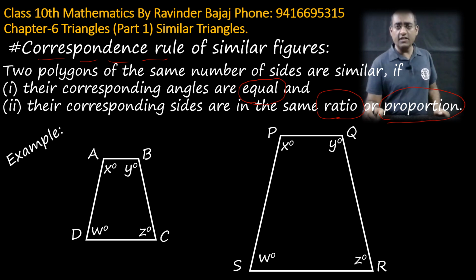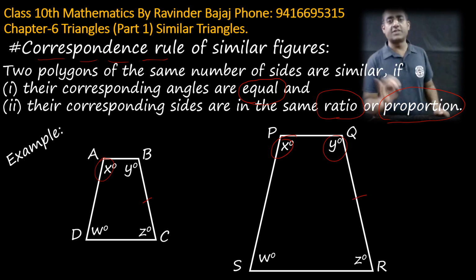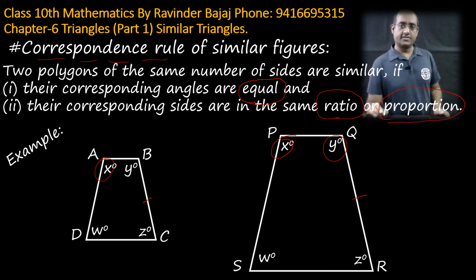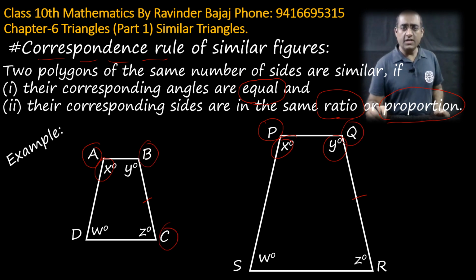So take care, angles of these two figures are same, and their corresponding sides are also in proportion. That's why these two figures are similar figures. And A is corresponding with P, B corresponds with Q, C is corresponding to R, and D is corresponding to S.